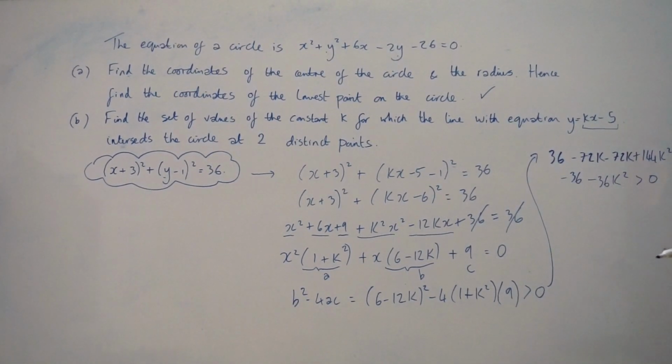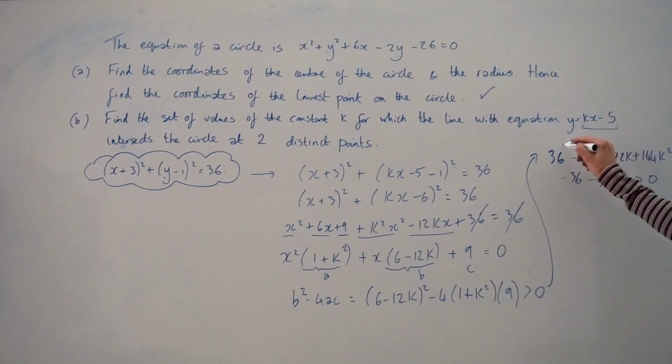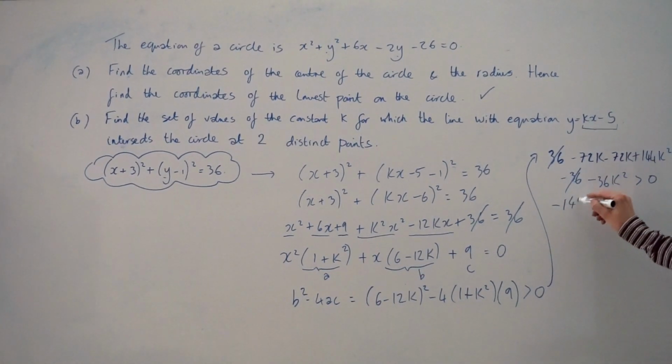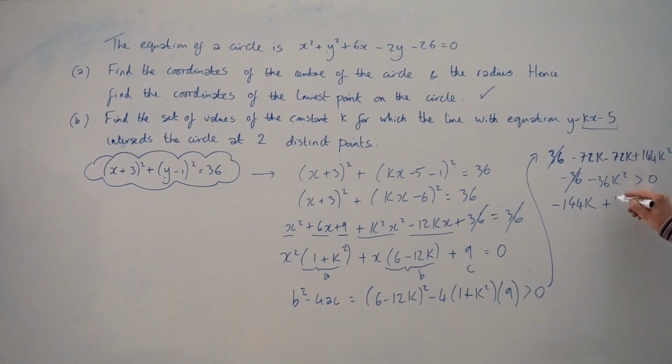Okay, so I'm just simplifying. So here I can see there's positive 36, take away 36, that goes to 0. Here I've got negative 144k. And then if I have 144k squared and I subtract 36k squared, I'm left with 108k squared.